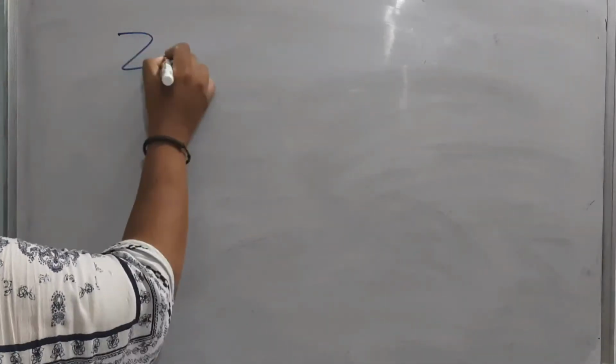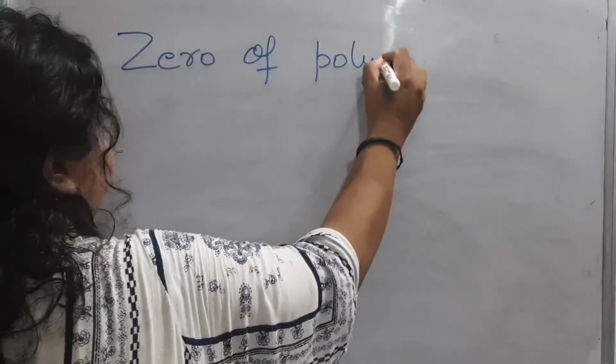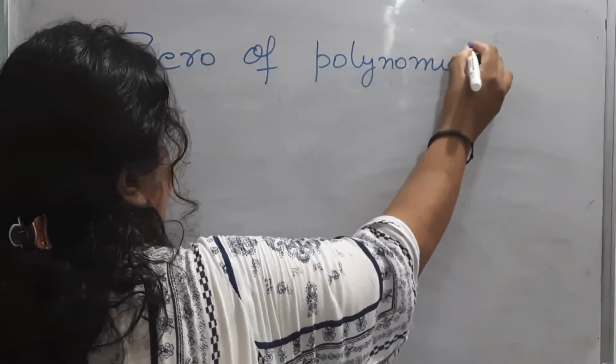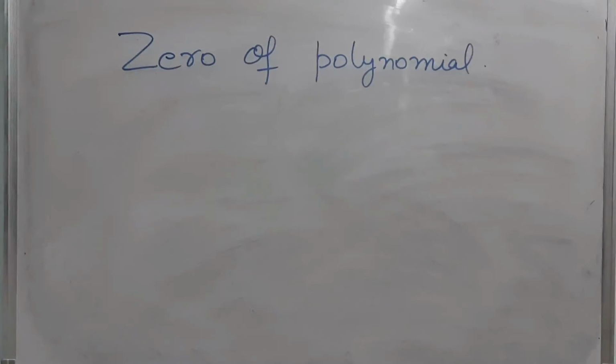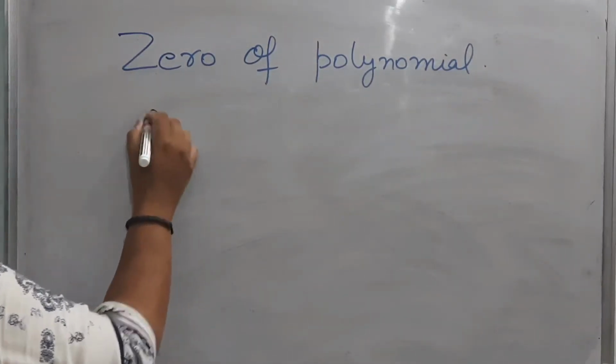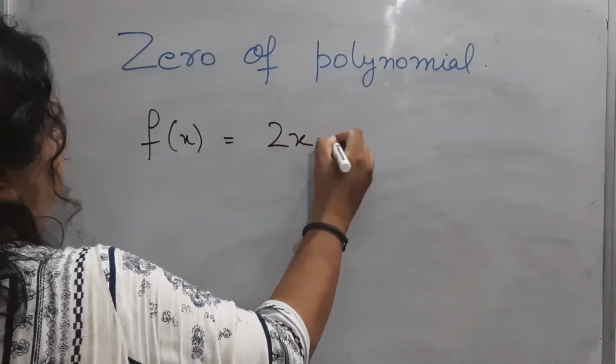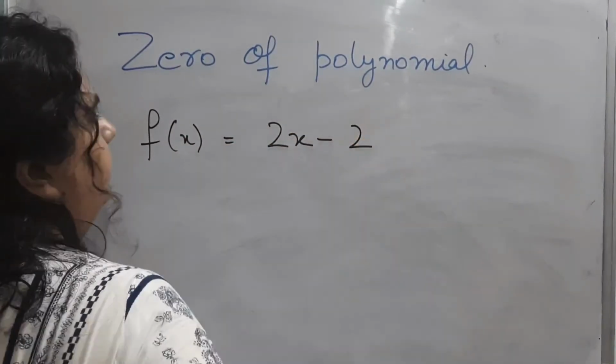Now, what is the zero of a polynomial? Any number alpha or any number beta is known as a zero of a polynomial. How? Let's see. We take f(x) equals 2x minus 2.